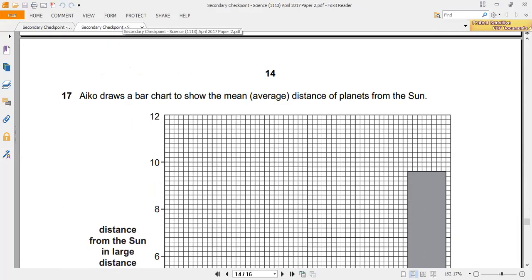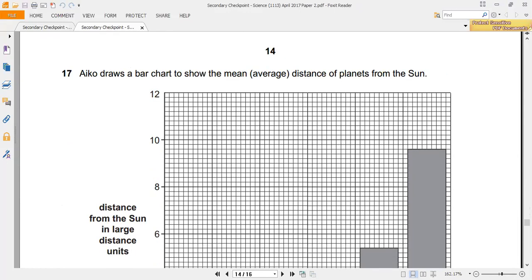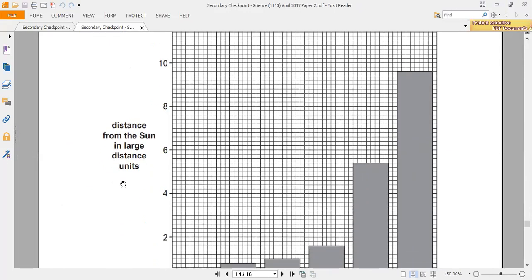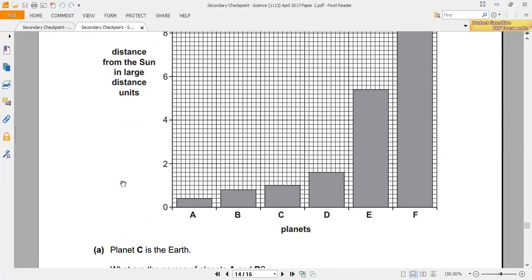Question 17. A bar chart shows the mean distance of the planets from the sun. On the x-axis are the planets, and on the y-axis is the distance from the sun in large distance units. A: planet C is the Earth.